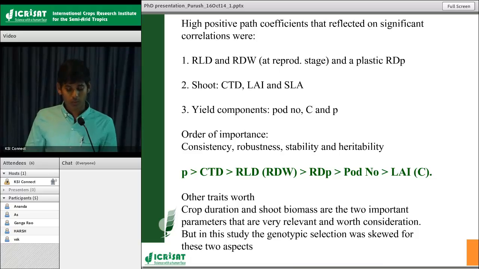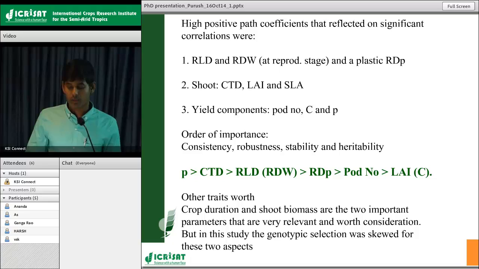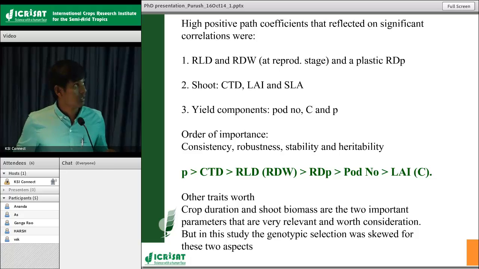The objective was mainly to narrow down the number of traits in chickpea based on their contribution, using high positive path coefficients that reflected significant correlation, where root length and root dry weight at the reproductive stage, with the consideration of plastic RDP rooting depth, were significant across stages, especially at reproductive stages.